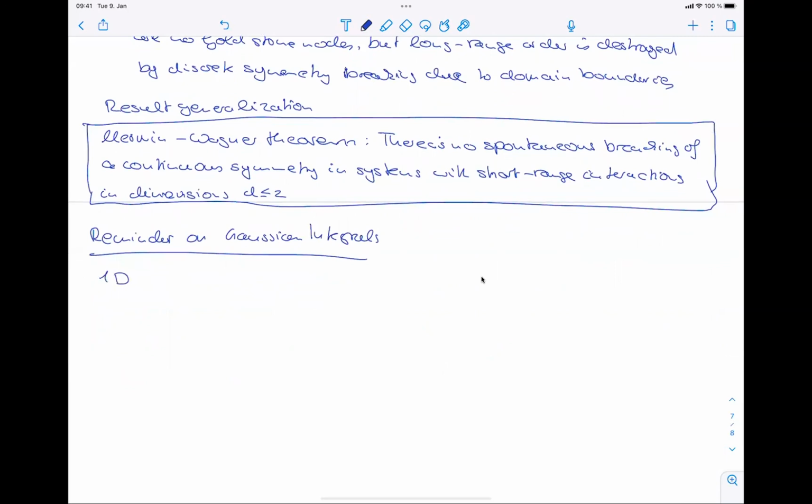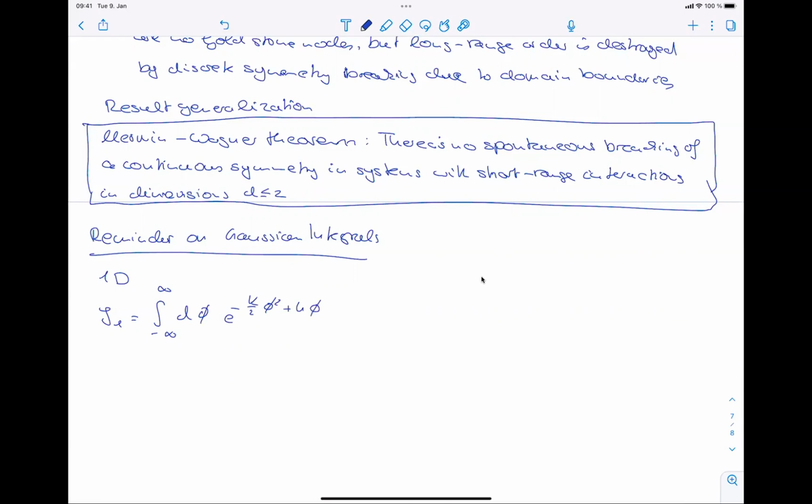So in 1D, we consider the following integral, from minus infinity to infinity, d phi of e to the minus k over 2 phi squared plus h phi. So this is a Gaussian integral with non-zero mean.